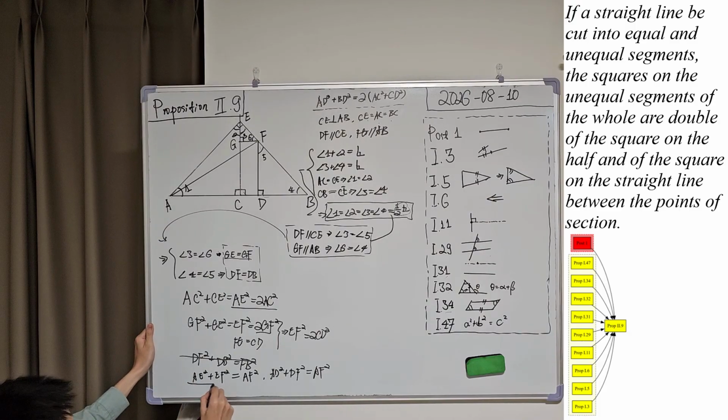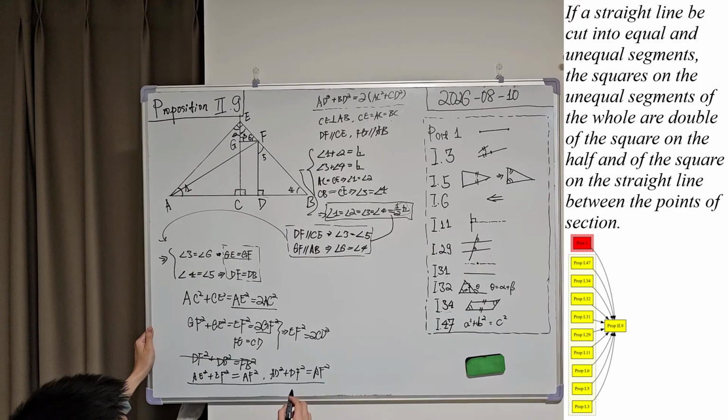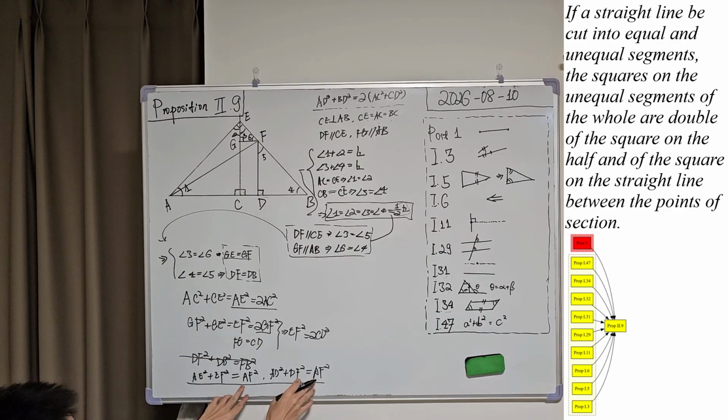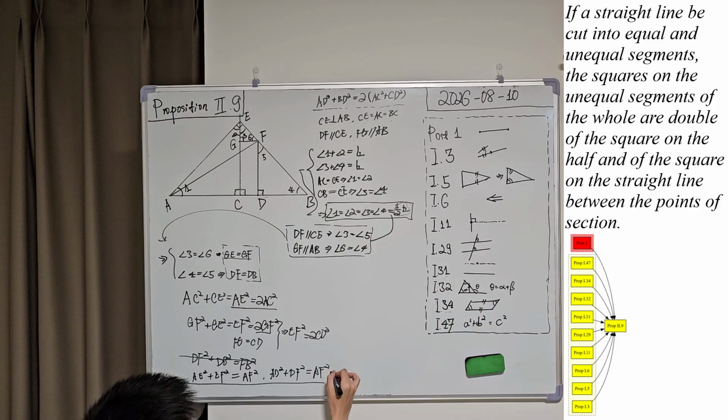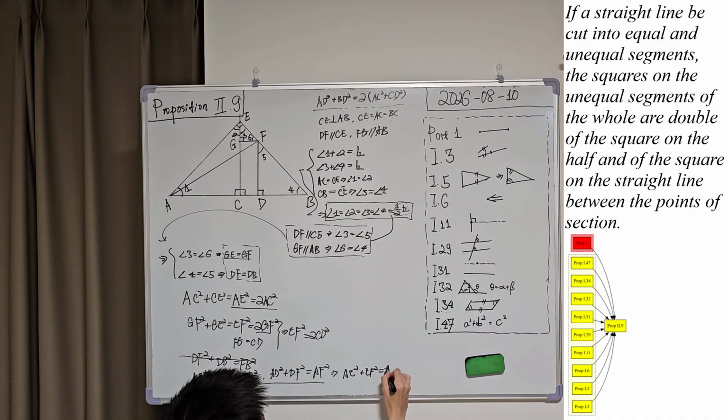And if we combine these two equalities together and apply common notion 1, we know that right sides are equal, so left sides must also be equal. So AE square plus EF square will be equal to AD square plus DF square, correct?